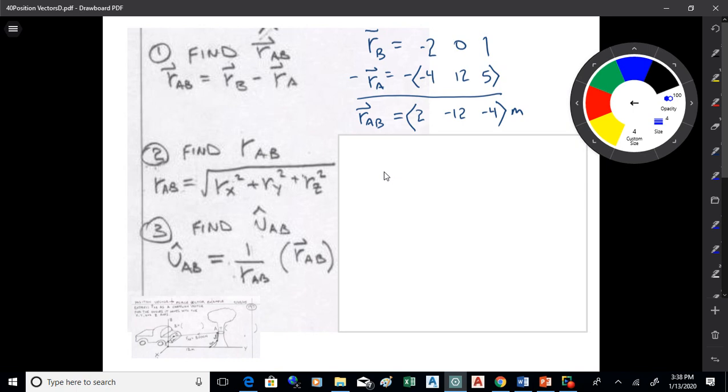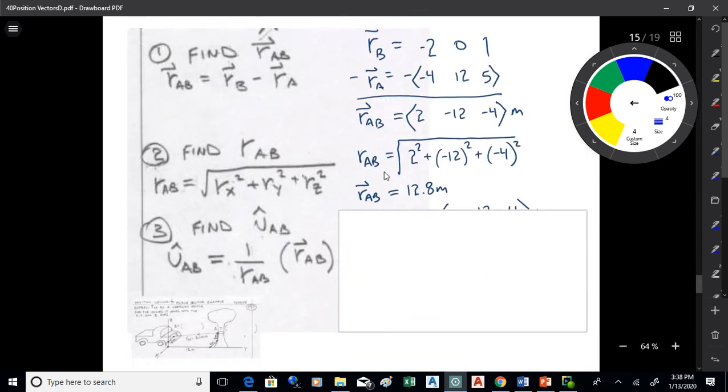Now remember, when you take those squares, all the negatives will square out. I go ahead and put them in there because that way when I carry through, I remember that they're negatives, but that'll come out. I got 12.8. Okay, units on that is meters. Now in the physical world, what does that represent? It's the distance, yeah. It's how long the cable is, right, okay? So that's how long the cable is.